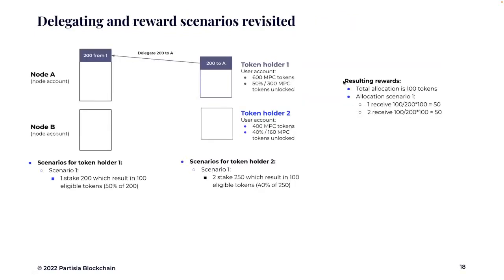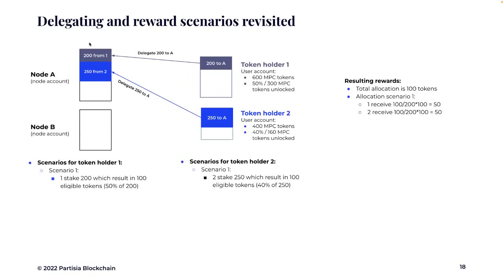The last slide here, I'll give some examples. This is actually the example from the first AMA that I'll repeat. The first scenario is where we have two token holders delegating 200 and 250 to node operator A. In this case, we are not looking at node performance.